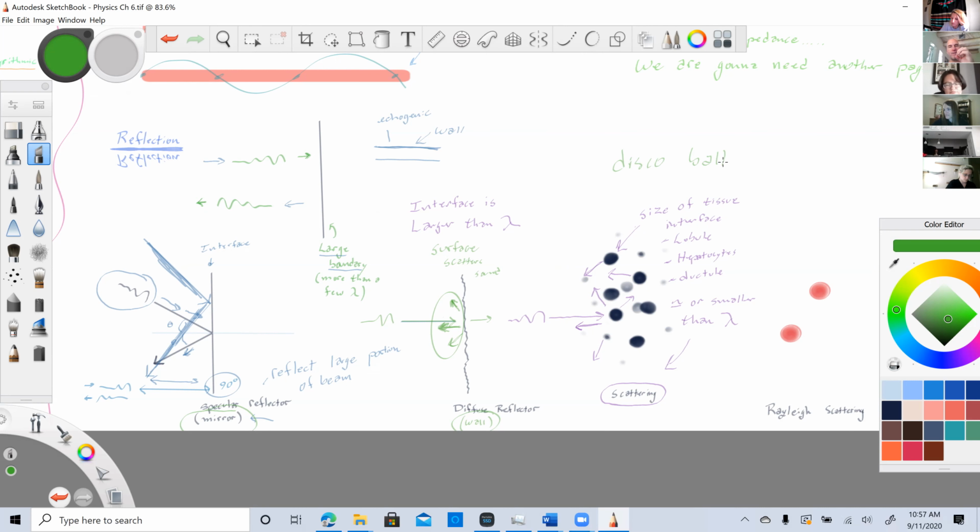The individual facets of the disco ball are smaller than the wavelength. I mean, not really wavelength of light, obviously, but that's the analogy, that it's smaller, and that scatters. The disco ball scatters light in all directions. Your tissue is more like a disco ball. It scatters light in all directions.